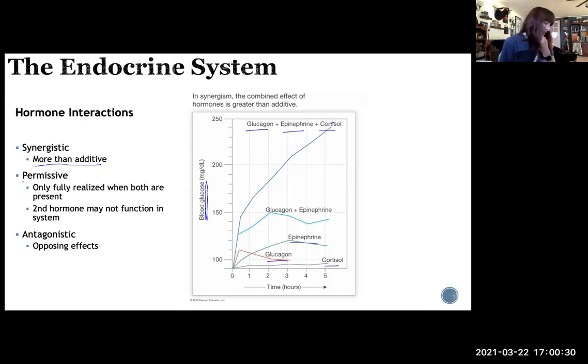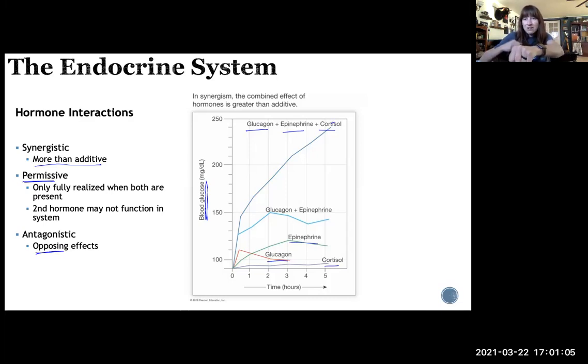Permissive effects, basically if they're both there, they will basically continue to allow each other to operate. Sometimes one will shut the other one down, but it's not as antagonistic, which is opposing effects, okay? So basically you have synergistic where they work together. You have antagonistic where they literally have opposite effects.